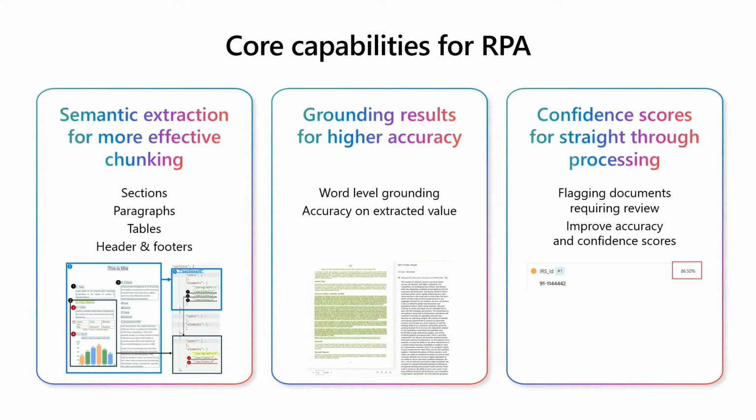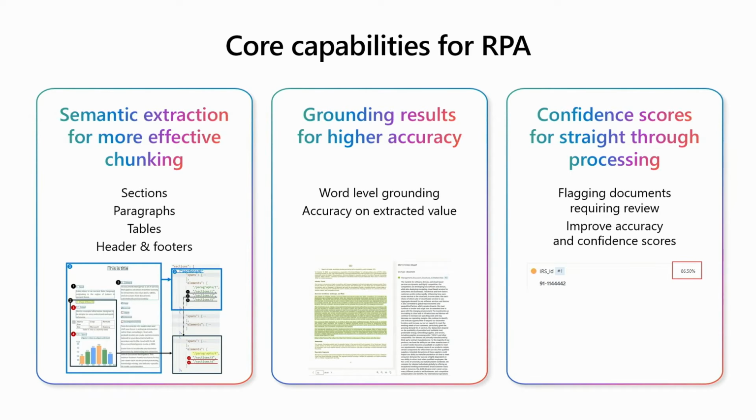This comes from the layout understanding of the document: the sections, paragraphs, tables, images, charts and graphs, and things like that. There's also word level grounding, so you have the veracity to point to the specific section of a document where a particular value is extracted from. And finally, the confidence scores that help with the straight-through processing needs that every RPA processor needs.